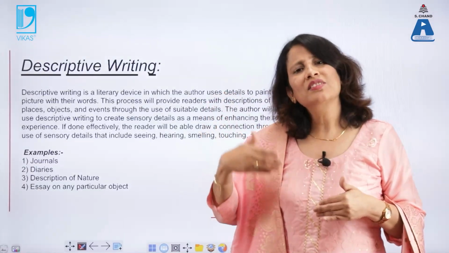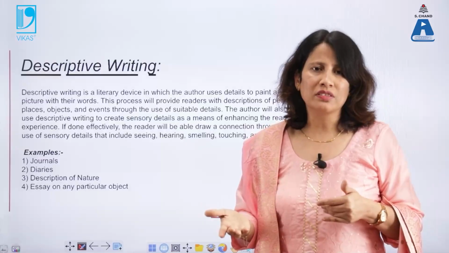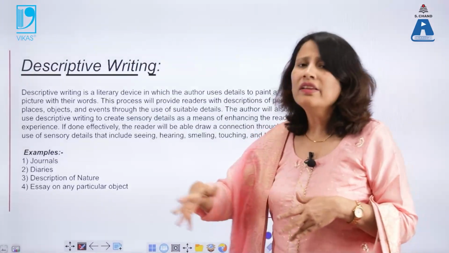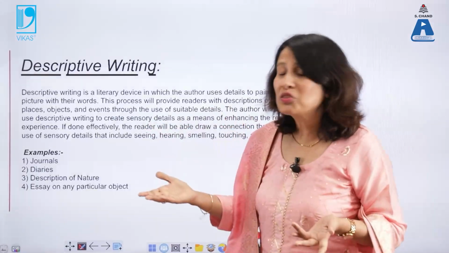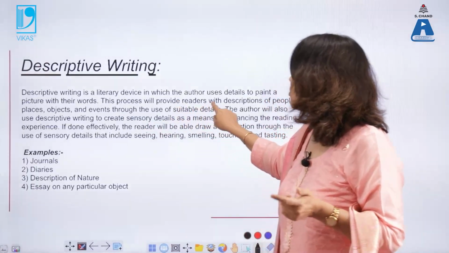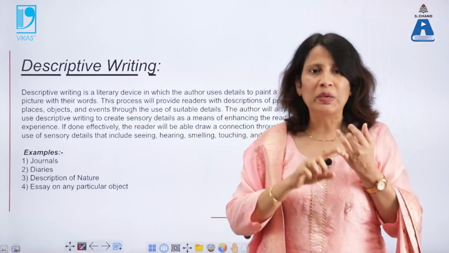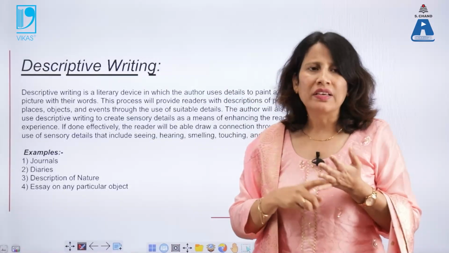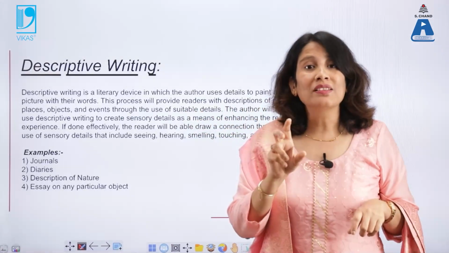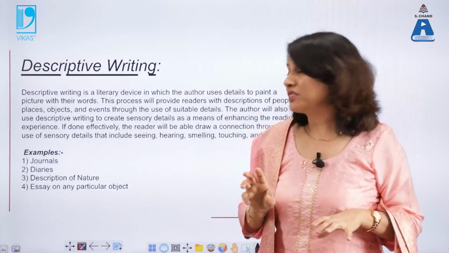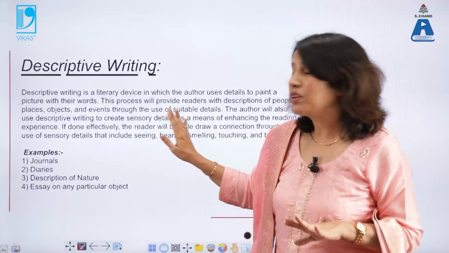So the poet is trying to describe his experience with nature when he was wandering in the midst of nature, and he was enjoying the show. So this process provides the readers with description of people, nature, places, events, and the use of suitable details will definitely mesmerize the readers. That is what descriptive writing is all about.